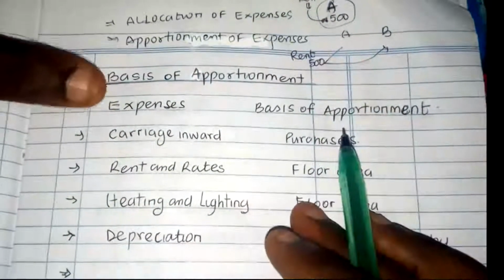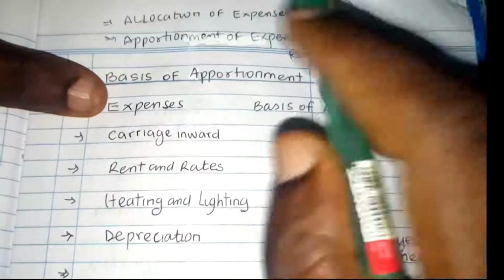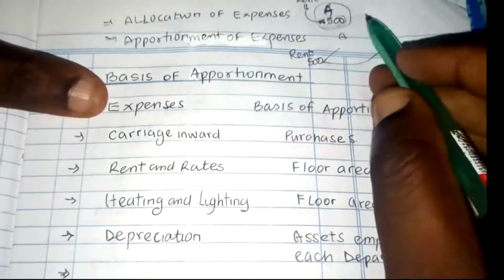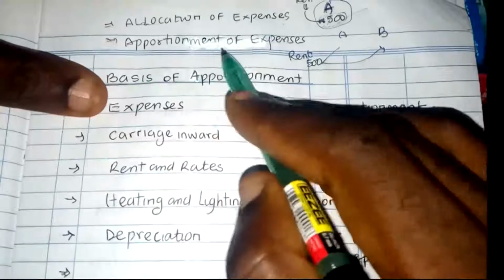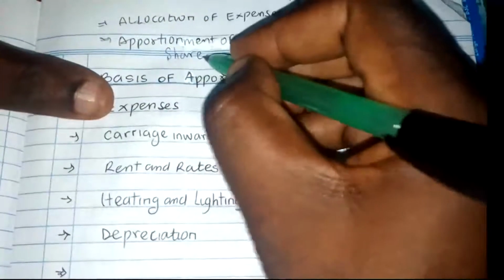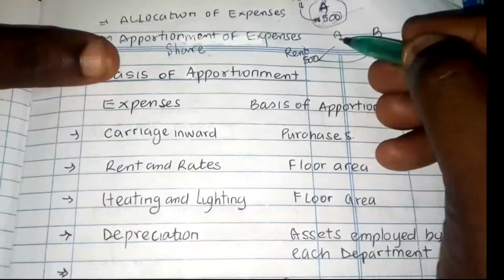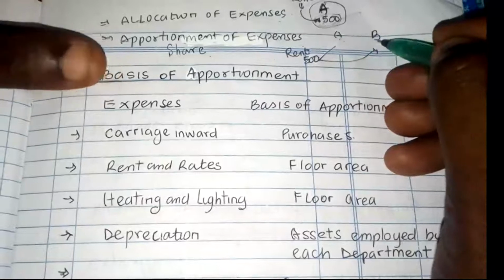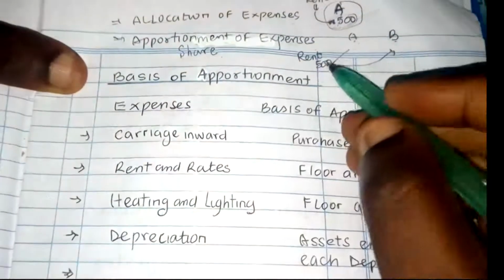The same thing is applicable for two departments when you have common expenses incurred by all the departments. Take, for example, carriage inwards: as the basis of apportionment, you can use the purchases figure.